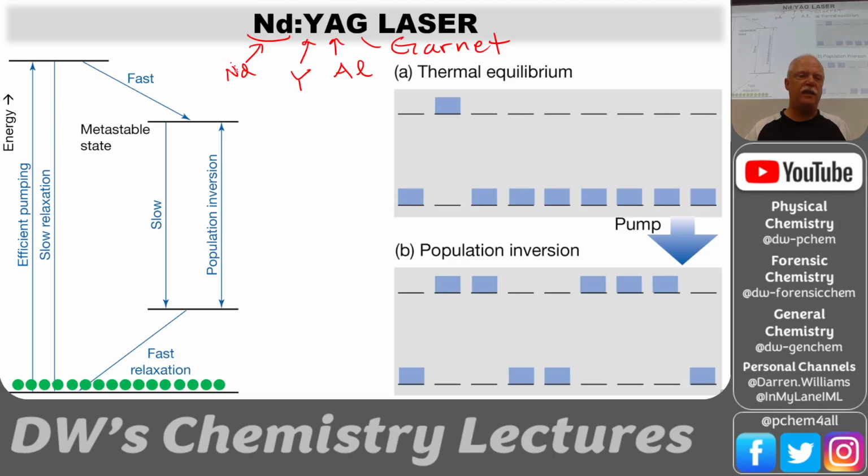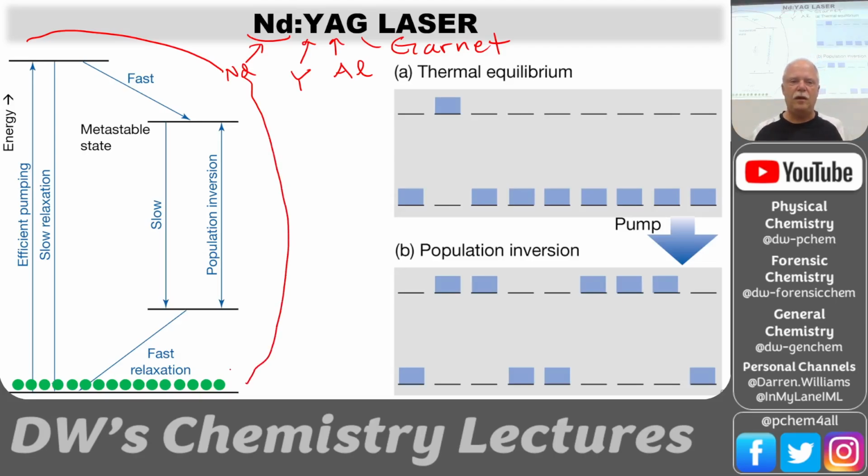And these are the energy levels for neodymium right here. So we need a way to excite this neodymium atom inside this crystal structure. Now, I told you about the emission lines for a gaseous atom are narrow because the environment of that gaseous atom is uniform.